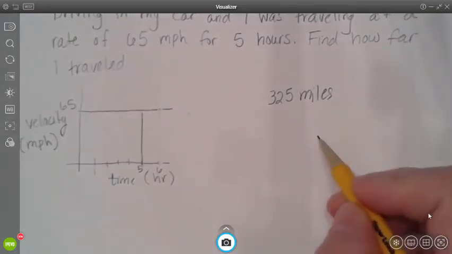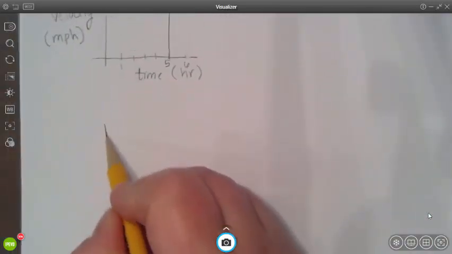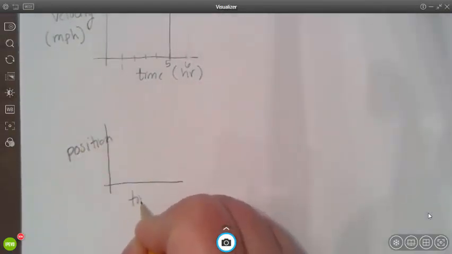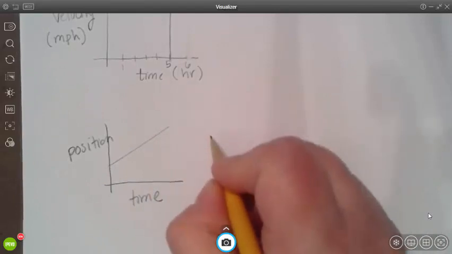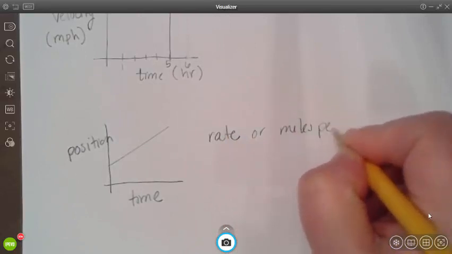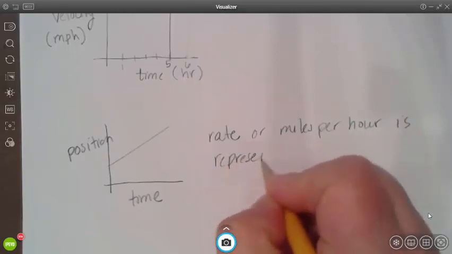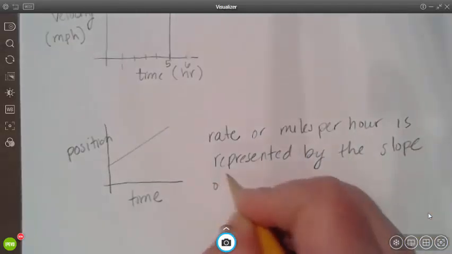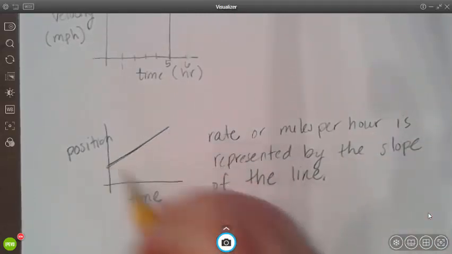When we talked about a position versus time graph, when I talked about traveling somewhere, the rate, or in this case what we're talking about is miles per hour, is represented by the slope of the line. Okay, so this slope was my rate.